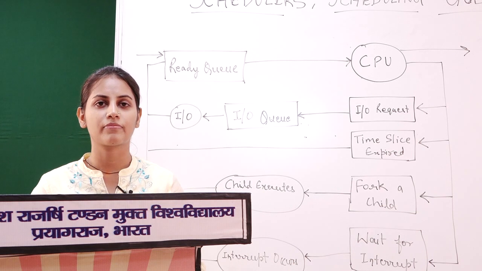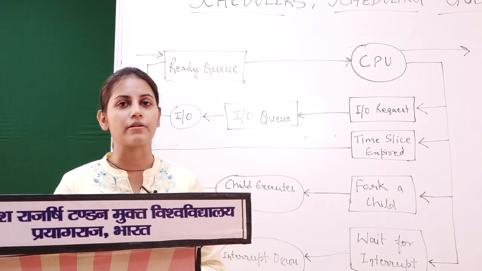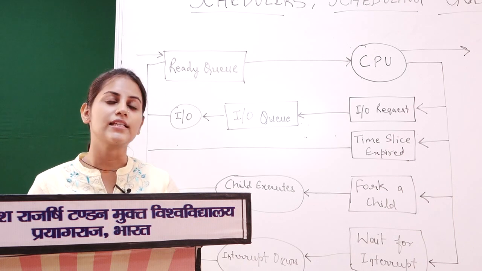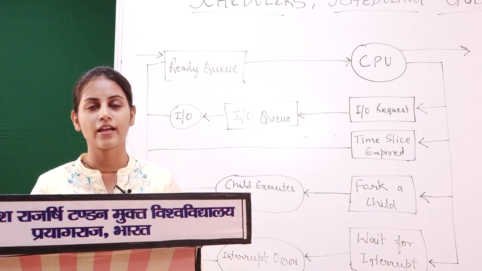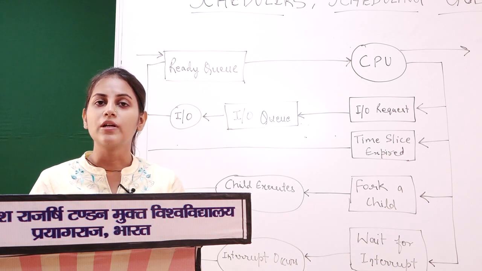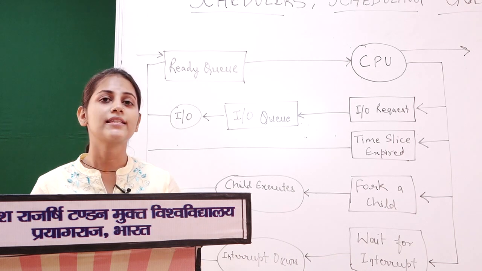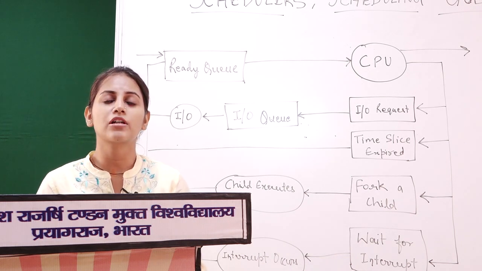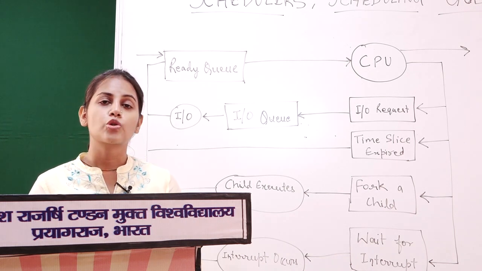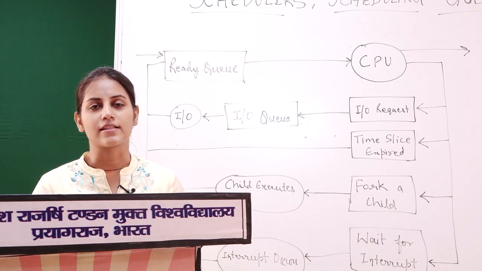Therefore, there is no need for having a long-term scheduler as such, while short-term schedulers are always present in every system. There is another concept of a medium-term scheduler, which is present in some operating systems. Wherever present, the medium-term scheduler lies between the short-term and the long-term scheduler. The basic idea behind having a medium-term scheduler is to swap some of the processes out of the memory when the performance degrades.